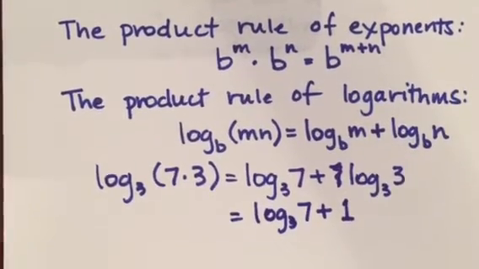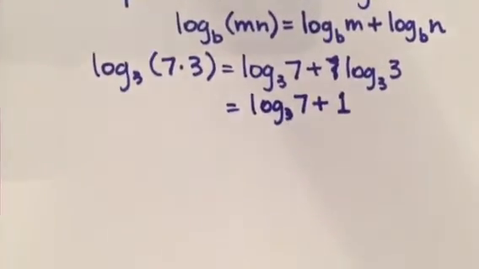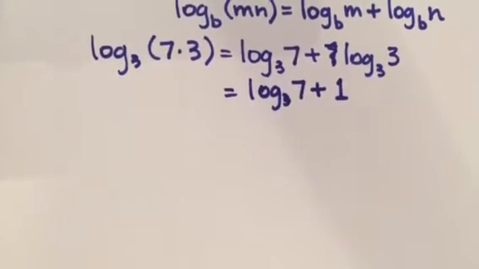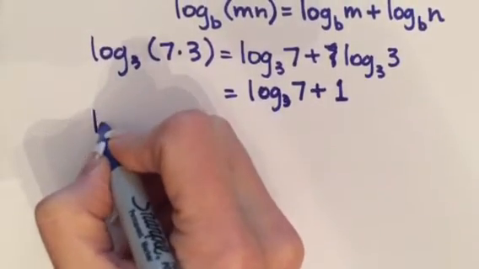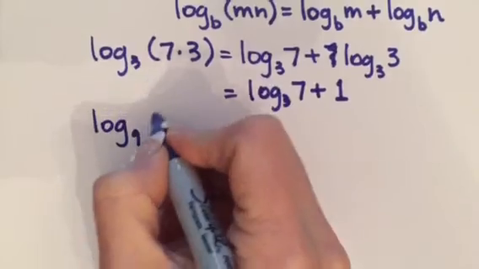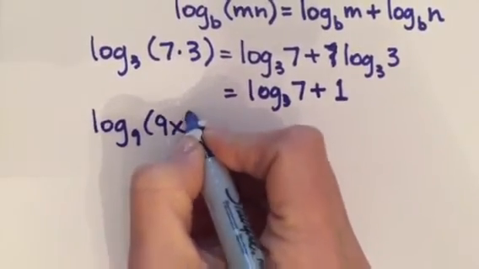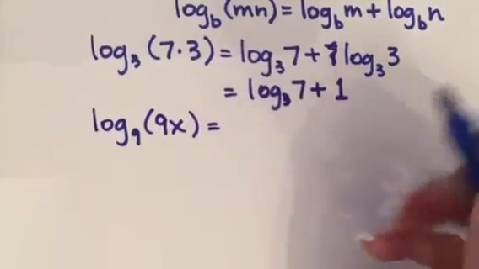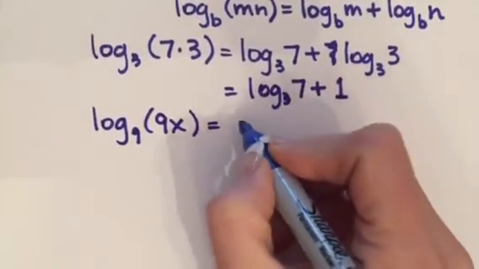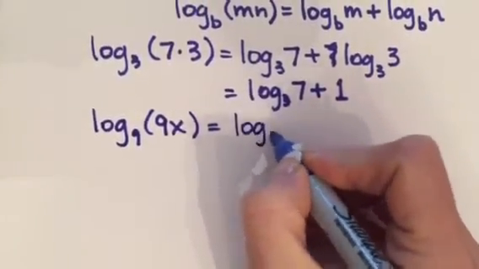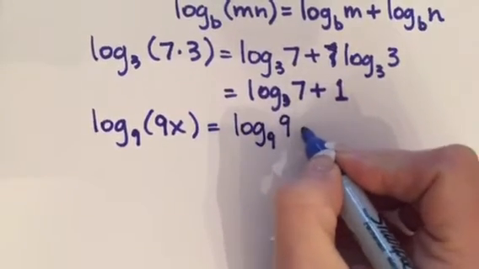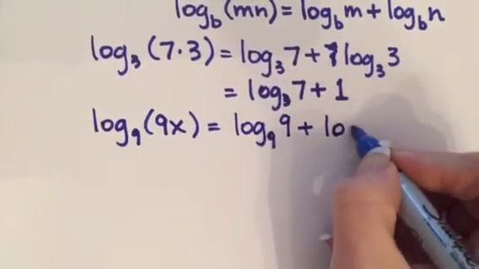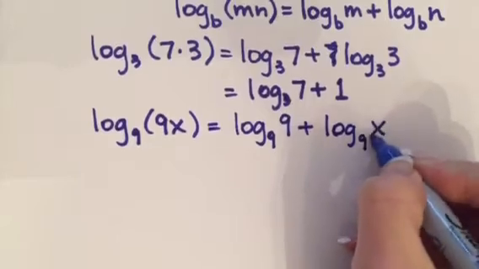Let's do a couple more. We're going to look at log base 9 of 9x. Taking that property, we're going to break this apart into two different logs: log base 9 of 9 plus log base 9 of x.